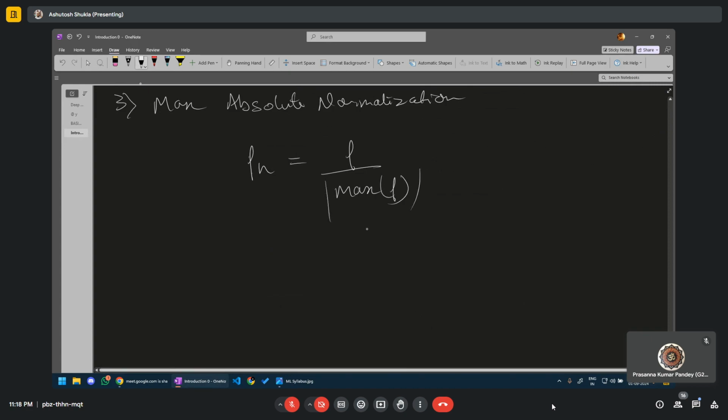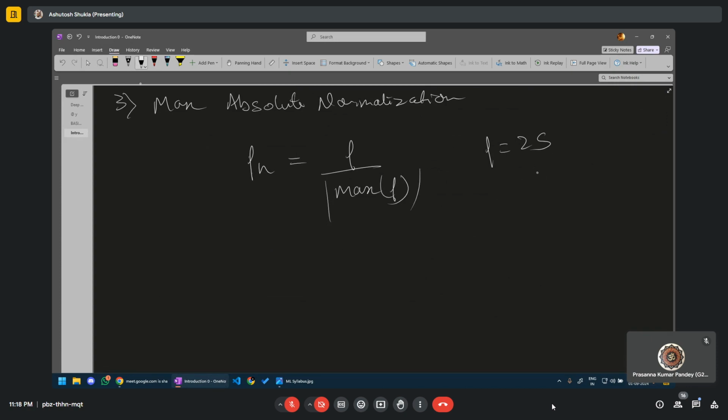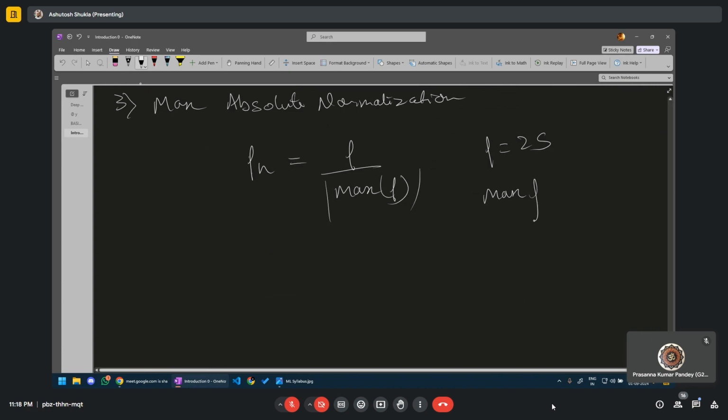A good example: if your current data f is 25, and the highest data point in your data is, say, 50, so max of f equals 50. That is already positive, so the absolute value will still be positive. So you just do 25 over 50 and you get 0.5 normalized data.